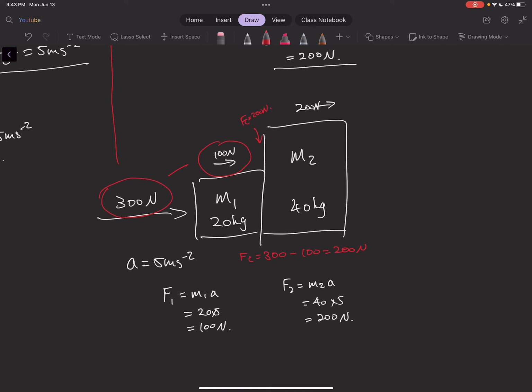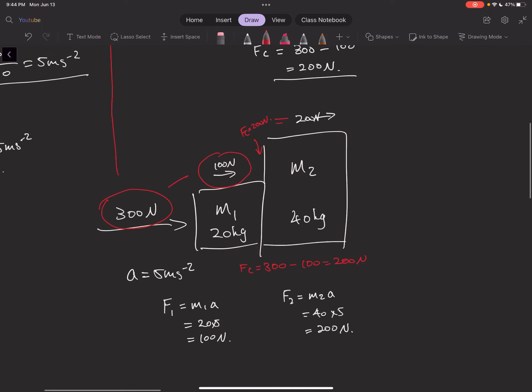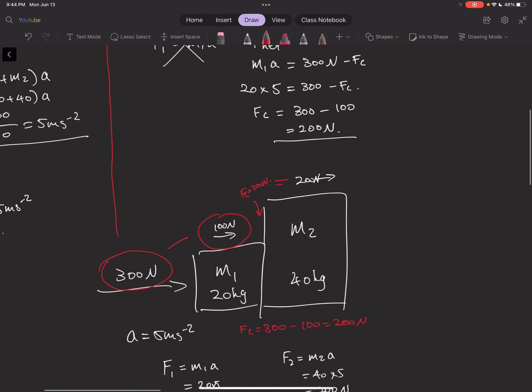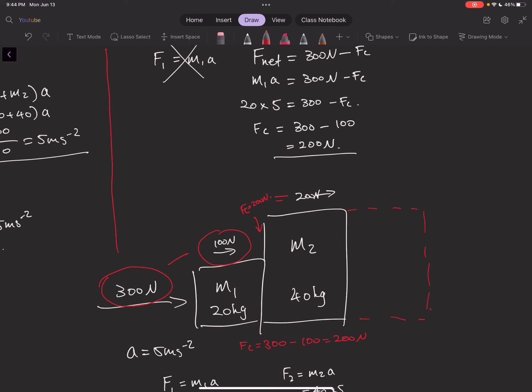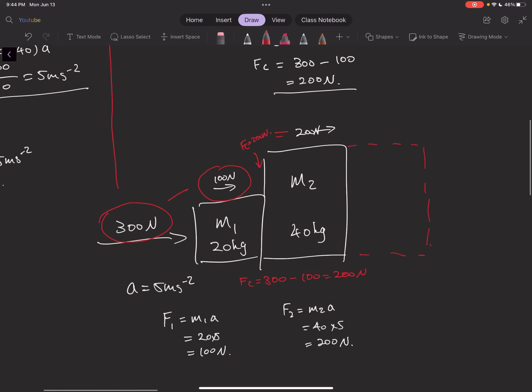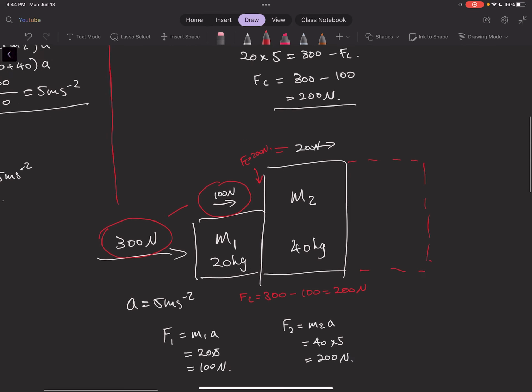Great. Now you'll also notice that the 200 newtons is the same as the 200 newtons that the m2 block is experiencing. That's interesting. If we're at the last block down the line, and there are no more blocks, then the contact force is simply equal to F equals ma for that last block.